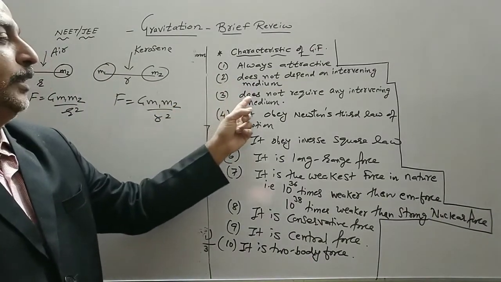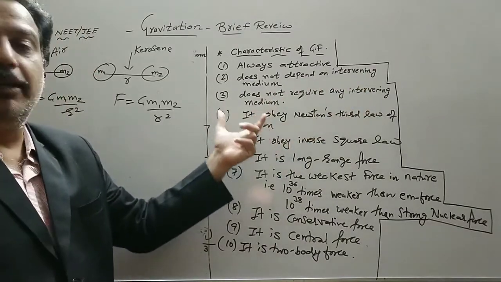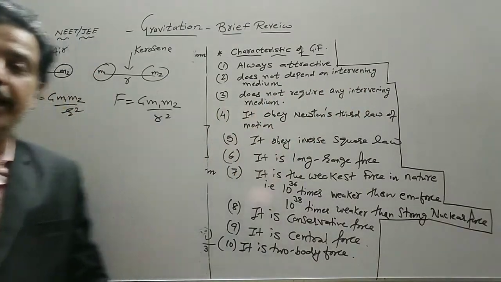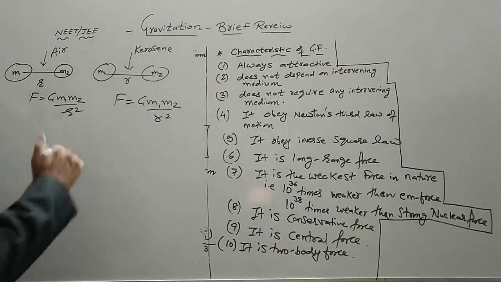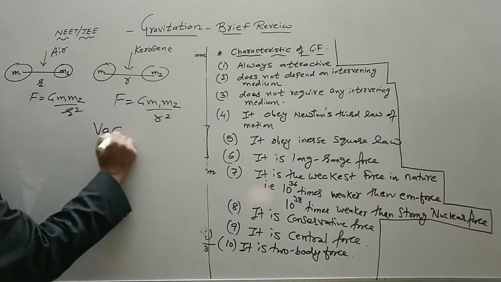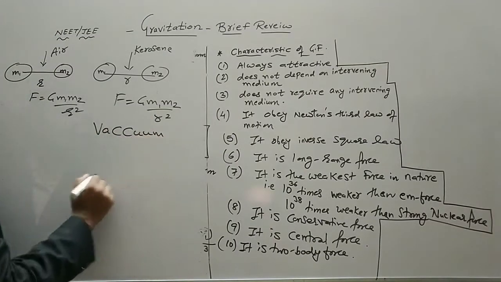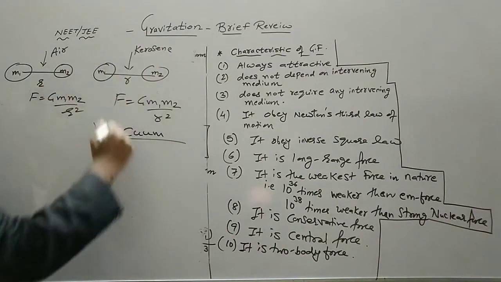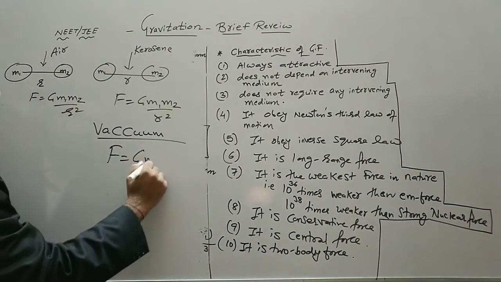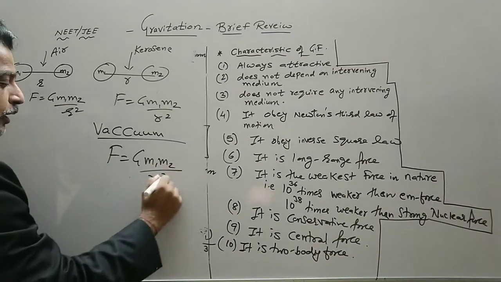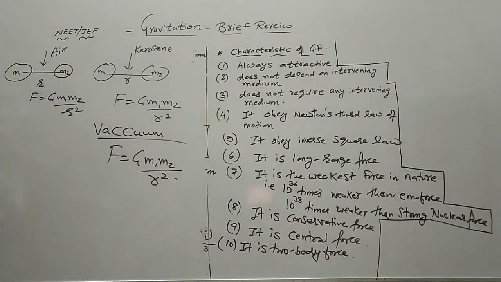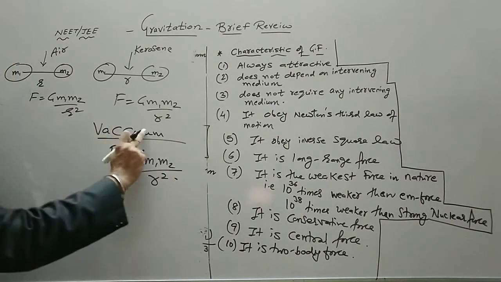Also, third point, it does not require any intervening medium. It does not require any intervening medium means even if we have a vacuum between the two bodies, then also the force of gravitation or the gravitational force between these two bodies will remain the same.